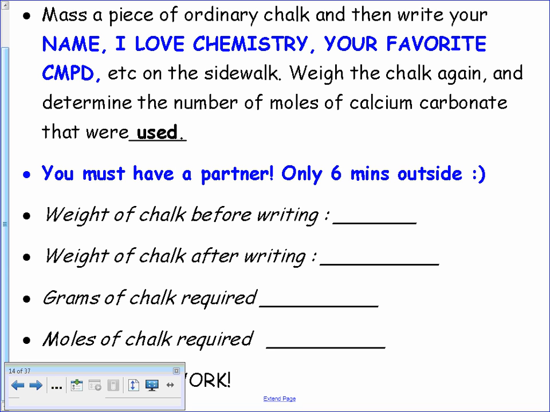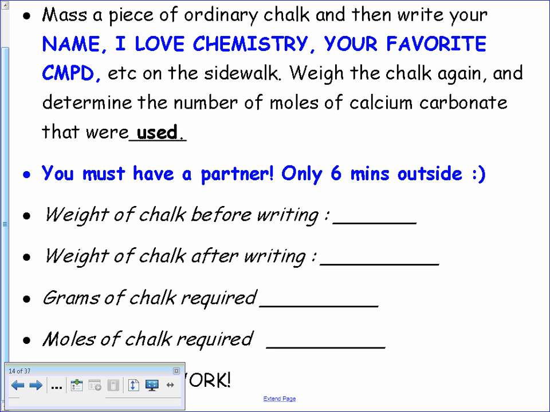Did you guys not use it? So the number of grams of calcium.